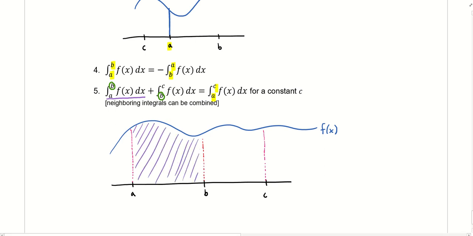And if my other integral here is the integral from b to c, that's this area, then if b is that common limit of integration, I can actually sum these two regions, these two areas, to get the overall area from A to C. So it's like I can bypass that b because it is this common limit of integration. And so if I'm integrating from A to B and then from B to C, I can just sum those two pieces to get the integral all the way from A to C.